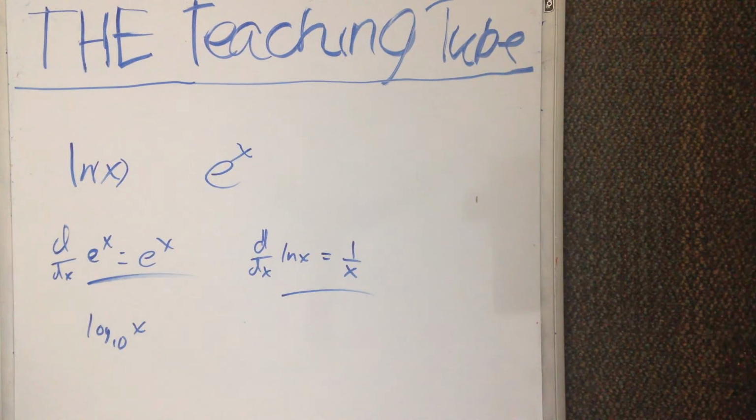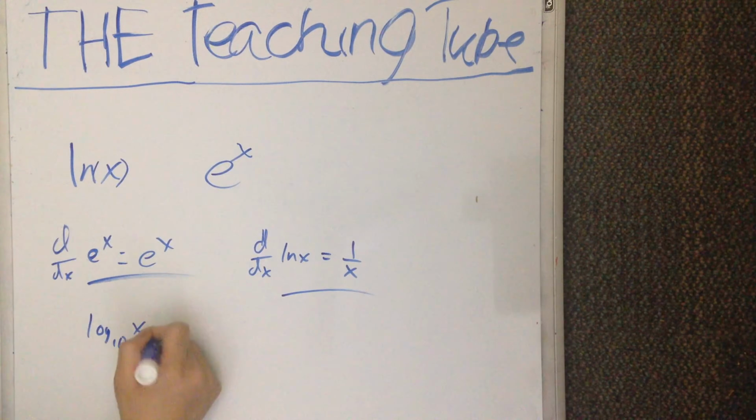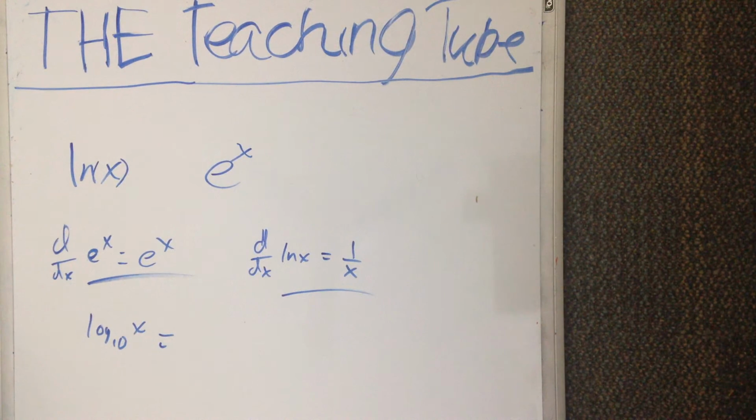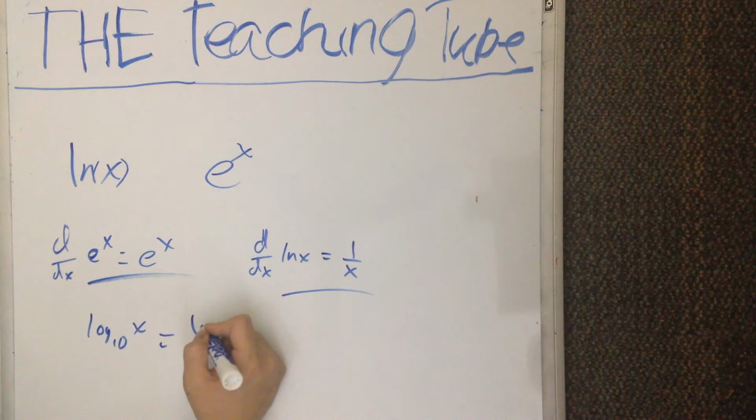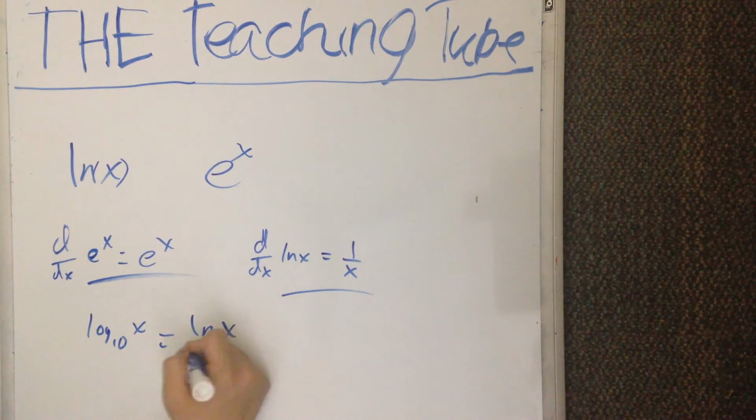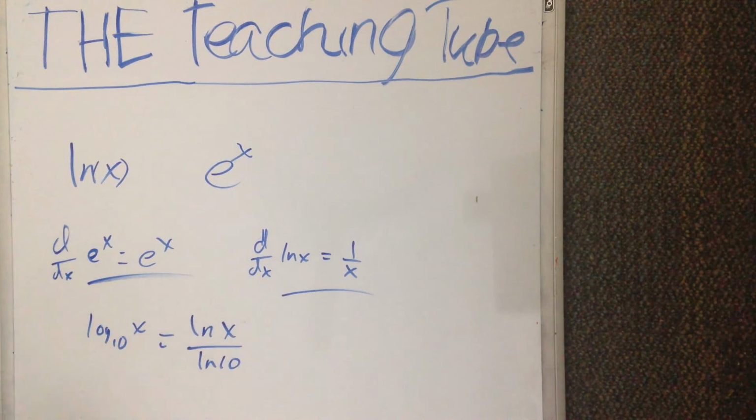Now, to figure out this thing, we know that it is equal, by the logarithm rules, to natural log of x over natural log of 10. The way I like to think of that, and it's not valid by any means, except it's right, is that the x is above the 10, so I just take the natural log of both.